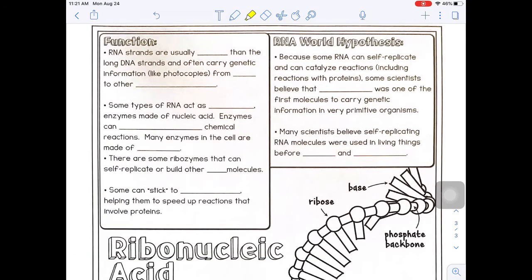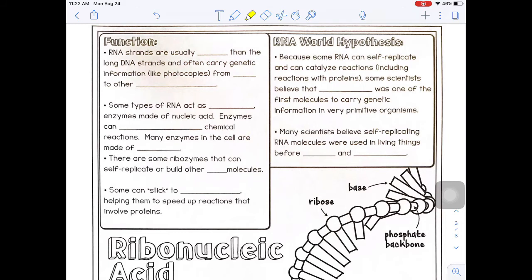Hey everyone, we're now on the last page, the ribonucleic acid page. RNA strands are usually shorter than the long DNA strands and often can carry genetic information like photocopies from DNA to other parts of the cell. Some types of RNA act as ribozymes, enzymes made of nucleic acid.